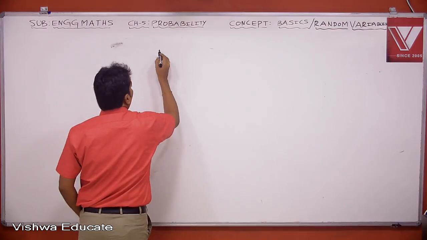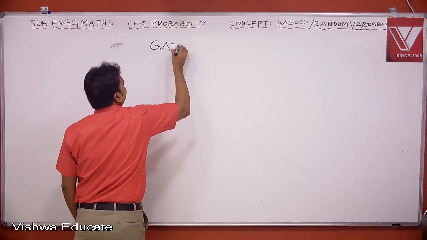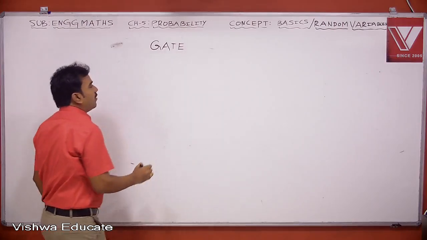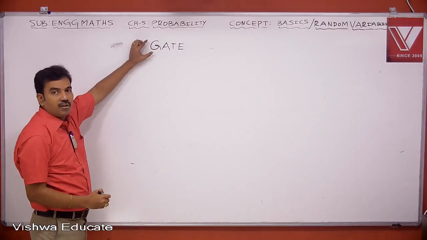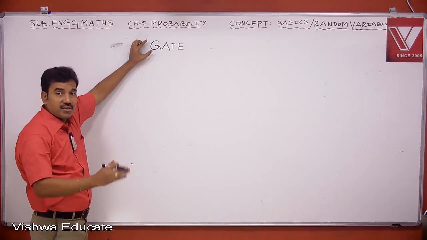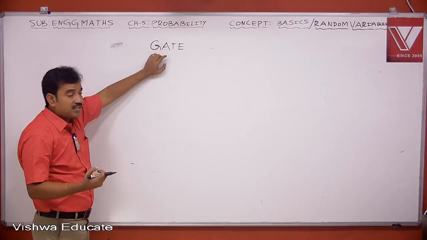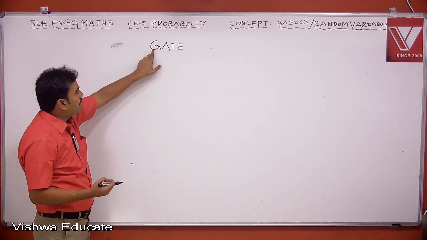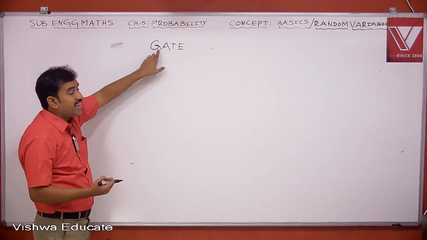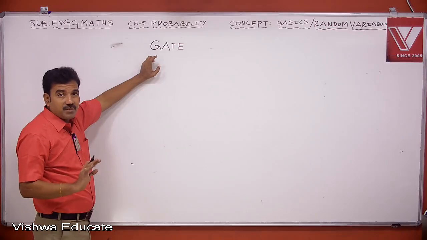Suppose we have a word, for example GATE. In how many ways can the letters of this word be arranged among themselves? Just possible arrangement, the sequences will be different. It may not be a meaningful word. I can change alphabets: A may come to this position, G may come to this position, A, G, T, E. It may not form a word, but arrangement is important for me.